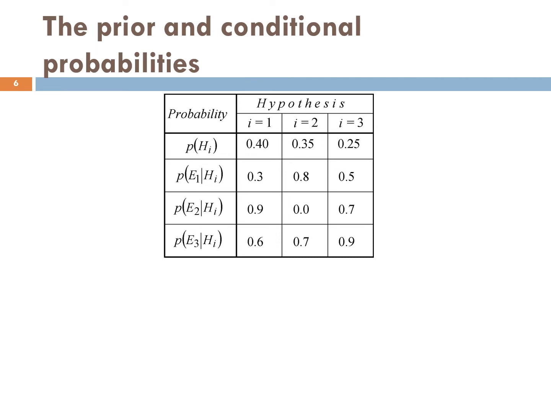The same as we observe evidence two, and what is hypothesis one, hypothesis two, and hypothesis three. The same as we observe evidence three, and what is hypothesis one, hypothesis two, and hypothesis three. These are the conditional probabilities.